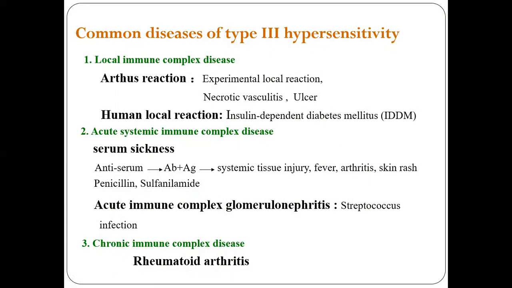This induces antibody production in the host, and the antibodies along with the antigen cause systemic tissue injury that leads to fever, arthritis or skin rash. And serum sickness can also be caused by allergic drugs like penicillin and sulfanilamide. And acute immune complex glomerulonephritis is caused by streptococcus infection. And a chronic immune complex disease causes rheumatoid arthritis. These are the common diseases that occur in type 3 hypersensitivity reaction.